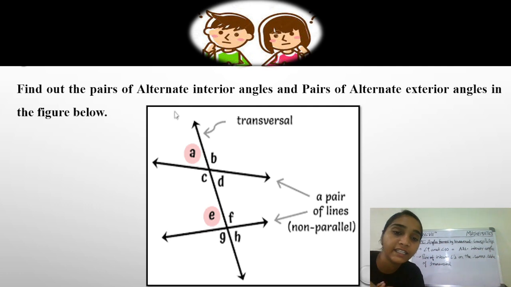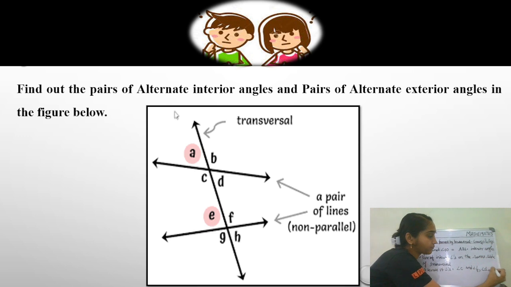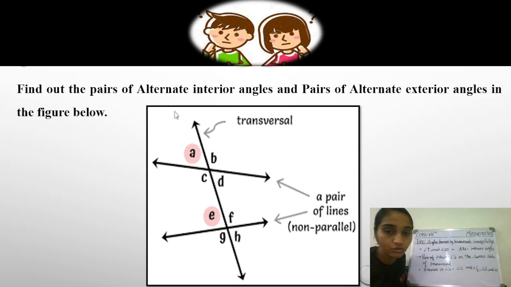Yes, so alternate interior angles will be, students, let me write over here, alternate interior angles will be angle C and angle F, and angle D and angle E. Very good, you all are correct.